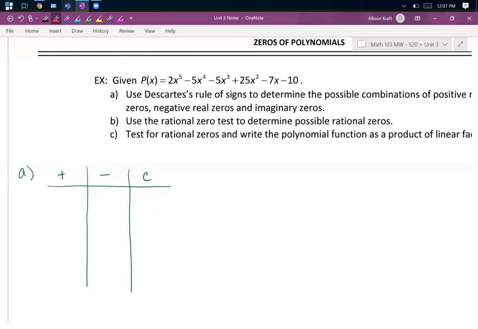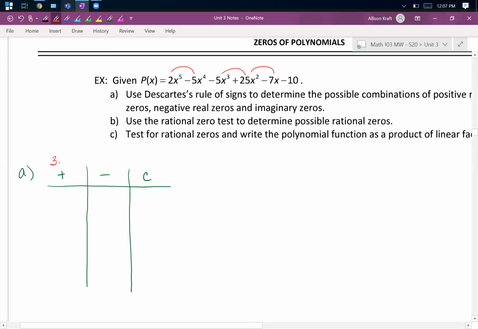So let's see how many times it switches from positive to negative. It's once, twice, 3 times. The maximum number of positive real zeros we could have is 3.